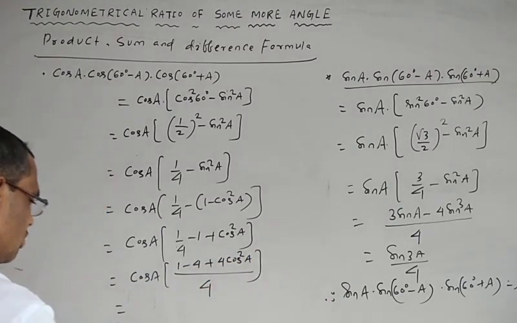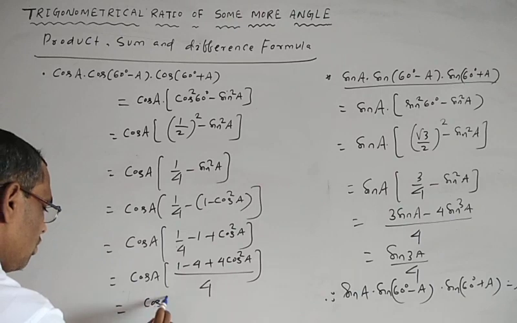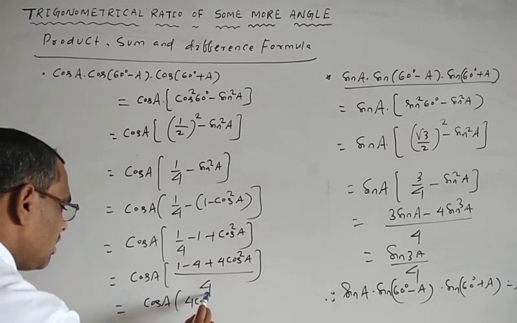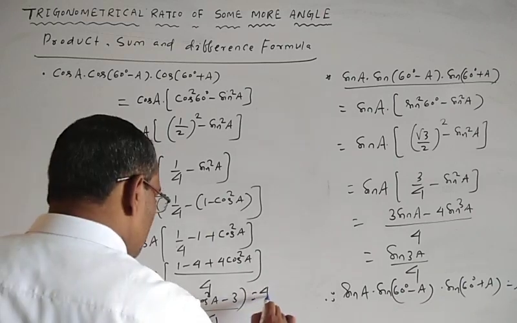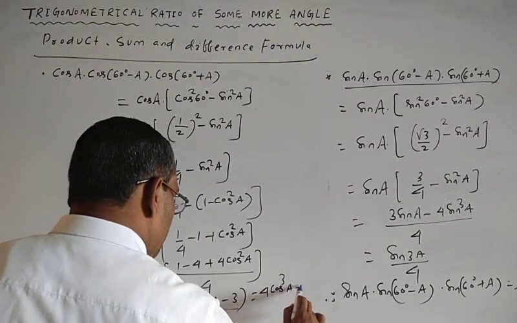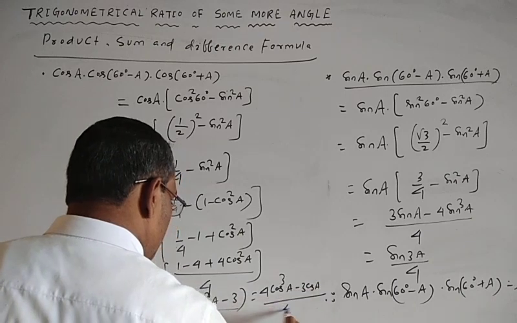So this is equal to cos A into 4 cos square A minus 3 by 4, and this is equal to 4 cos cube A minus 3 cos A by 4.